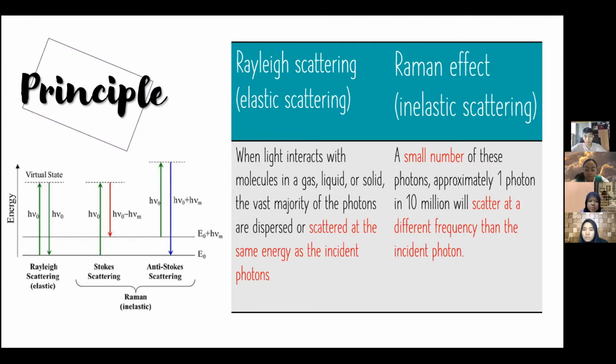The vast majority of the photons are scattered at the same energy as the incident photons. As you can see from the picture, it shows the same energy levels. The Raman effect tells us that a small number of these photons, approximately one photon in 10 million, will scatter at a different frequency than the incident photons. So next slide.